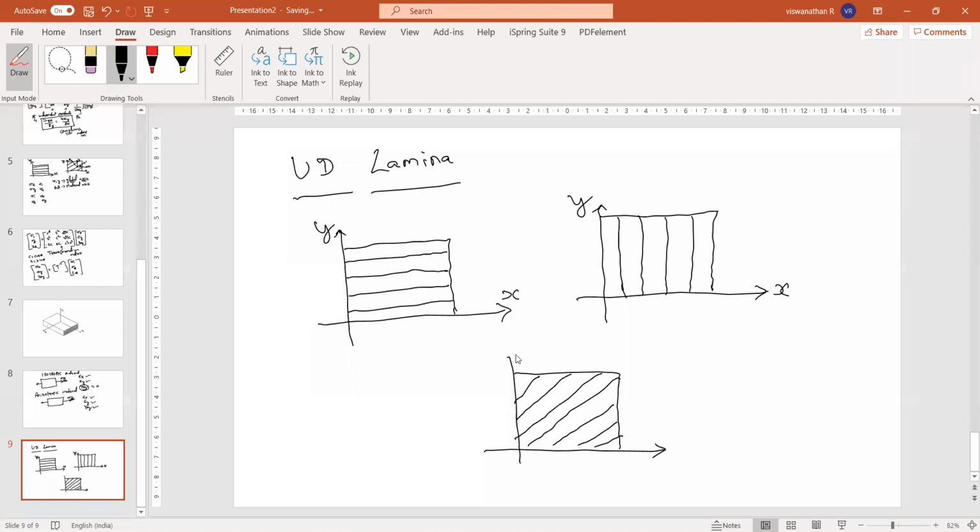Okay, here it is inclined. Now you apply a stress here, sigma x. Okay, sigma x you apply in all three cases.